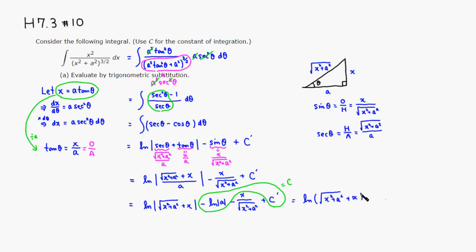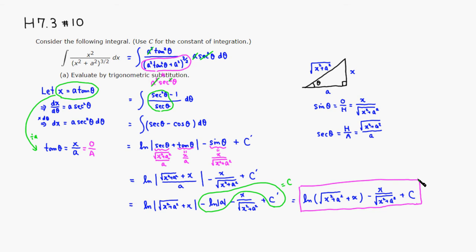Since that is never negative, we can use regular parentheses. Then minus x over the square root of x squared plus a squared, plus some constant c. So that's the antiderivative that we're looking for.